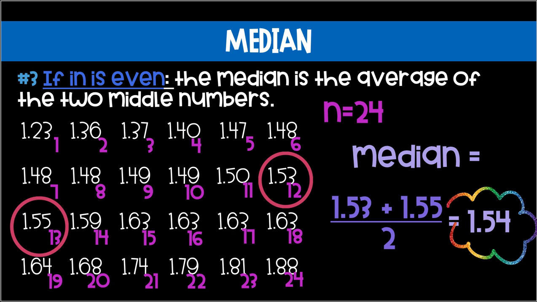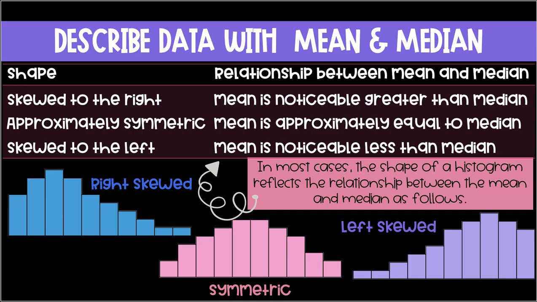Now, we can describe our data just by being given the mean and the median, even if we don't have all the data values or if we don't have a graphical representation or graphical summary for it. This will be the relationship between the mean and the median.